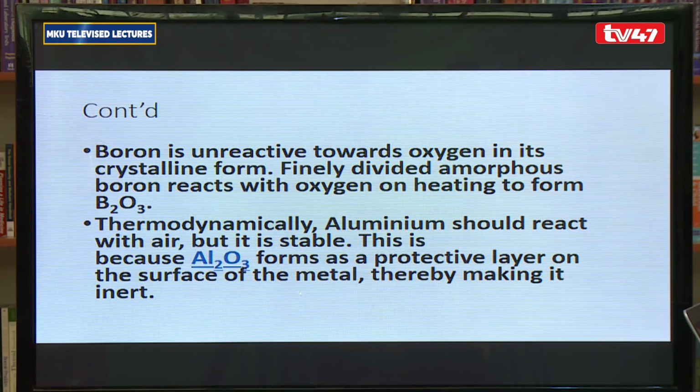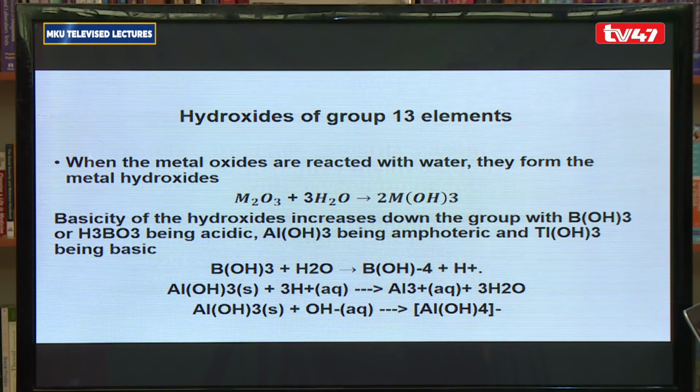Aluminium normally forms a protective layer of aluminium oxide on its surface, and that is why it is a bit inert. That is what makes it unreactive. So aluminium reacts with oxygen to form aluminium(III) oxide, and so do all the other elements.